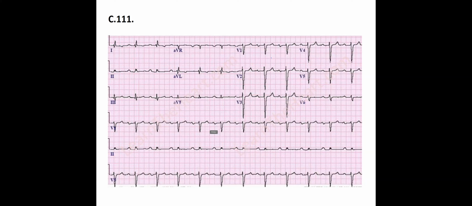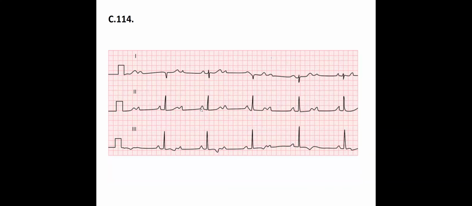This is the PR that is longer. So if it's a long PR interval and an incomplete left bundle branch block, could we say it's trifascicular? Yes, you can say it.